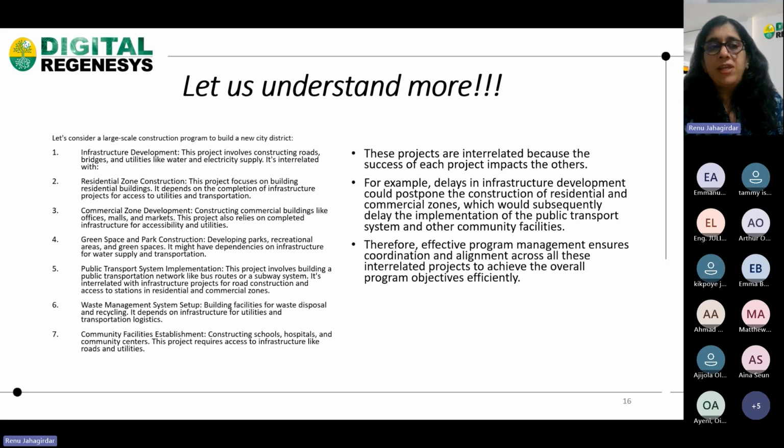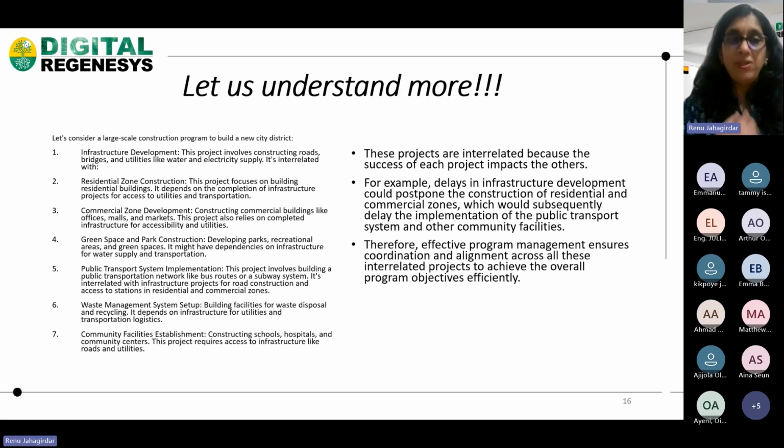There is an infrastructure development project, a residential zone construction project, a commercial zone development project, a green space and park construction project, a public transport system implementation project, a waste management system setup project, and a community facilities establishment project. Try to understand what I'm saying: we are working in a large scale construction company, and in our organization there are these projects going on, on infrastructure, residential zone, commercial zone and so on.